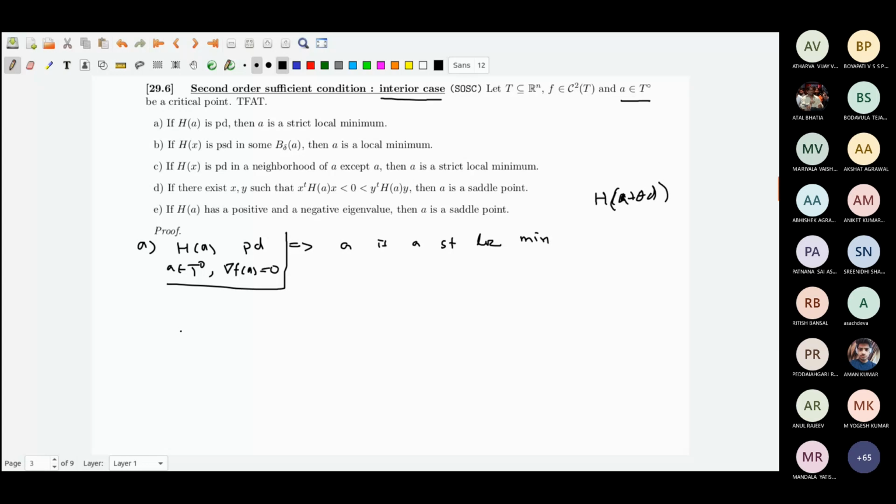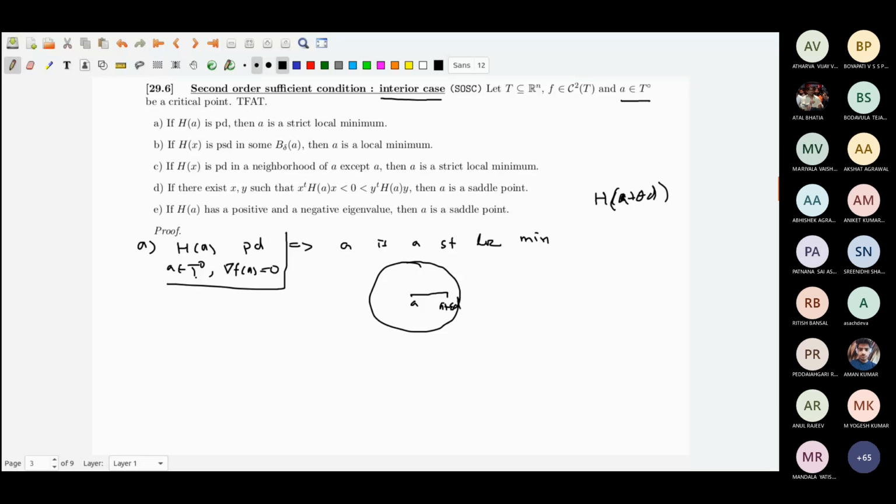Because it is a point of interior, there will be some epsilon ball, B epsilon A, available inside T. Then you consider the segment starting from A to A plus epsilon D, where D is some direction. Because A belongs to T interior, D is like any direction, non-zero.